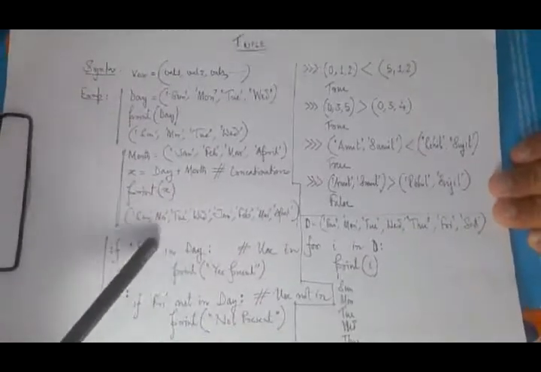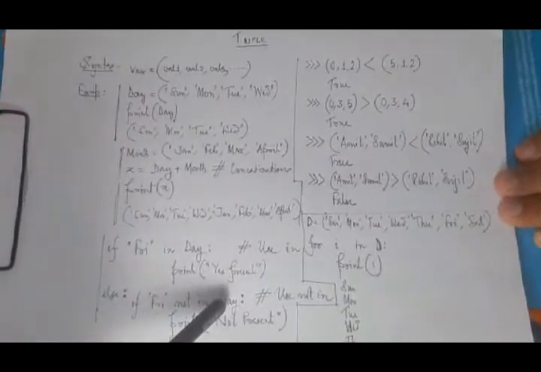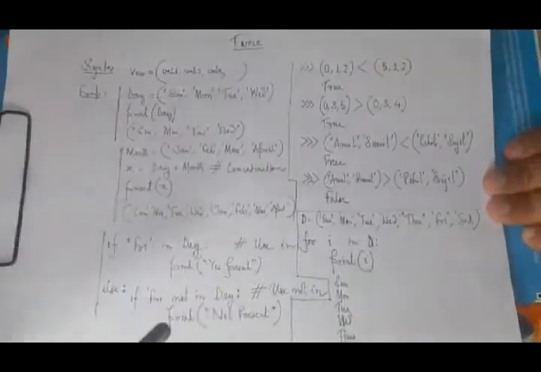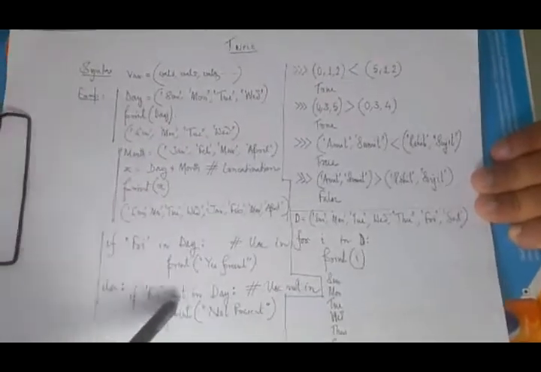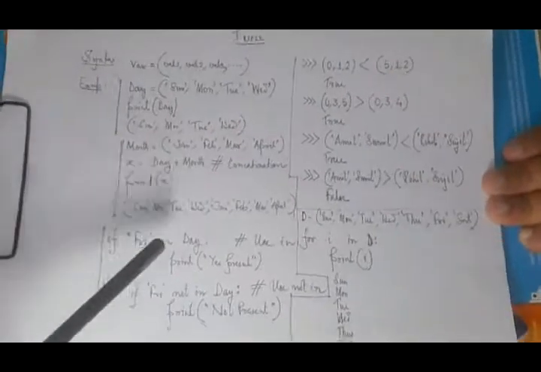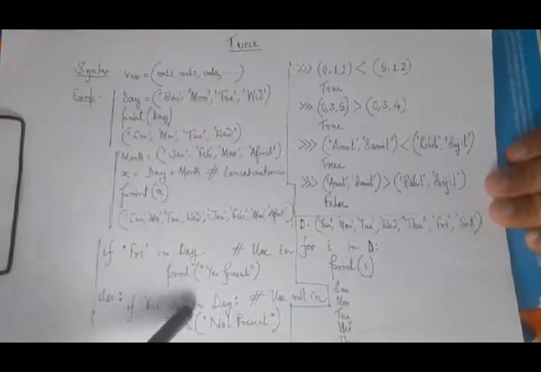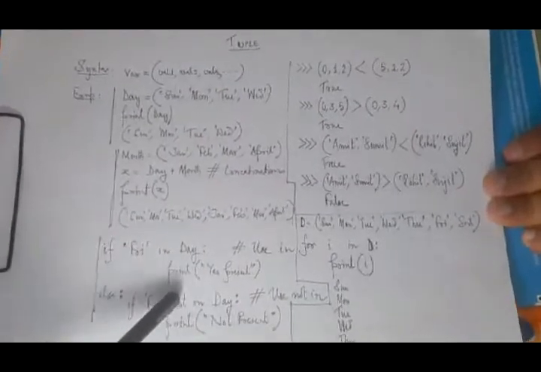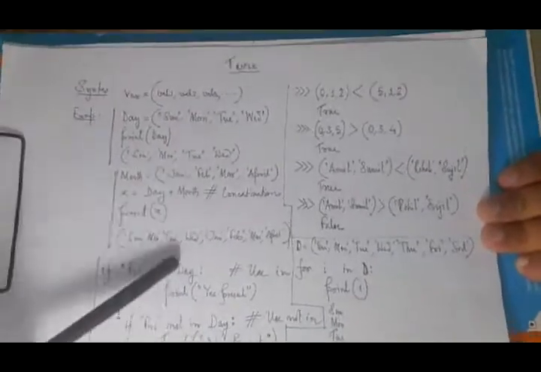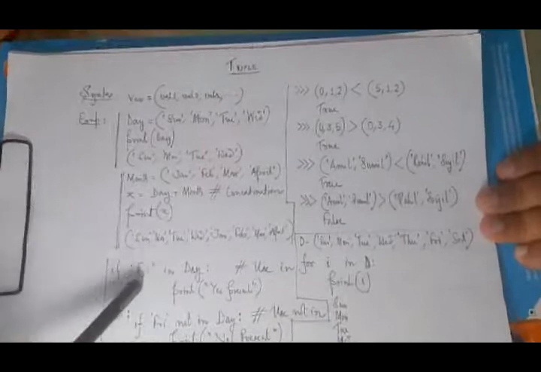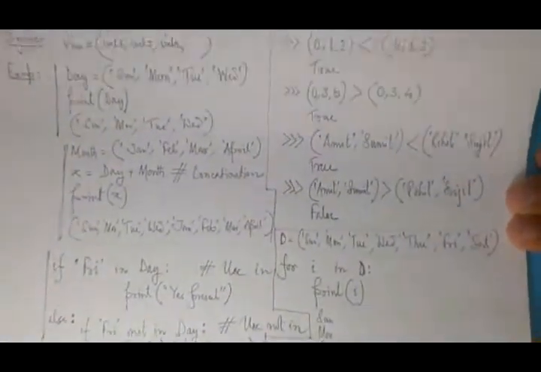We know the application of in, we can use not in also, then print not present. So not in works as the reverse of in. Please remember, it's a very useful application of in and not in. This way you can check whether any particular value is present in the tuple or not.